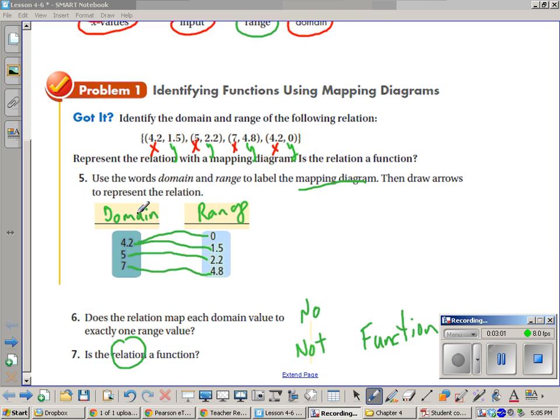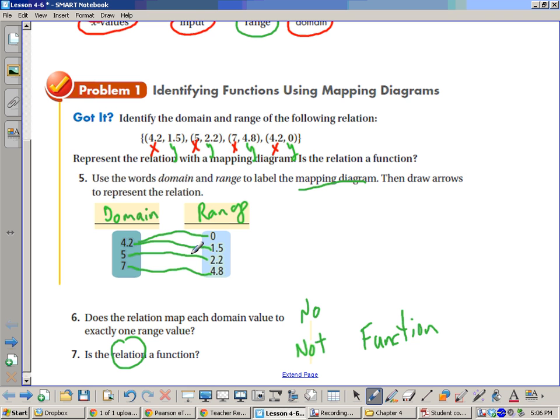In order for this to be a function, we cannot have any one x value go to 2 y values. So when we're listing our x values, if x is listed twice, it's automatically not going to be a function because it's going to 2 different y values.